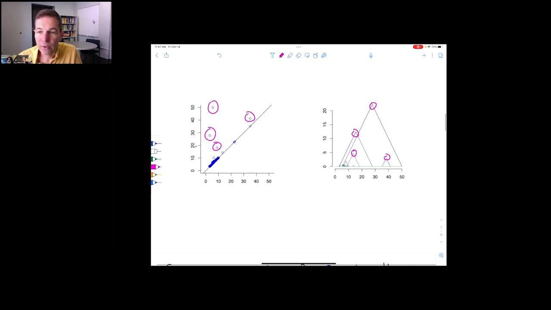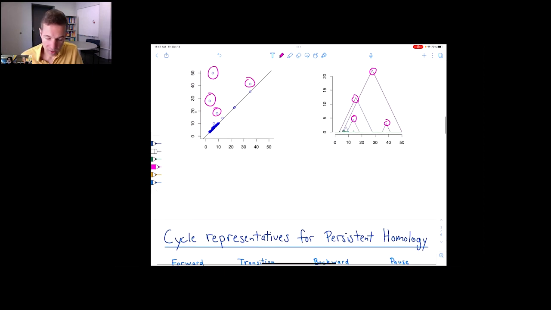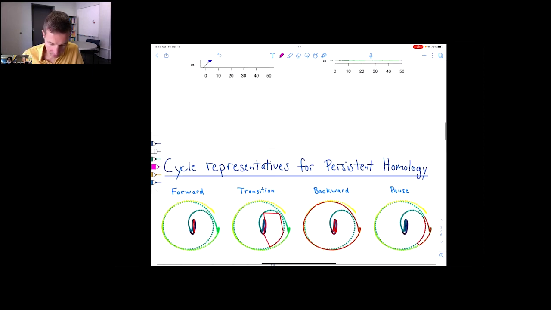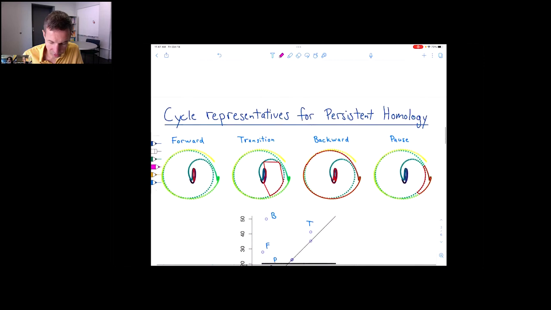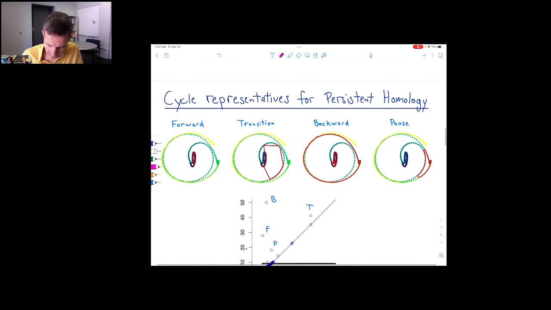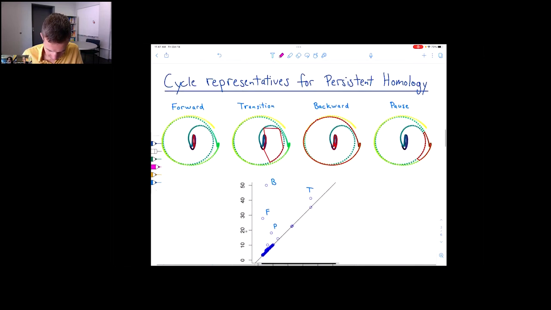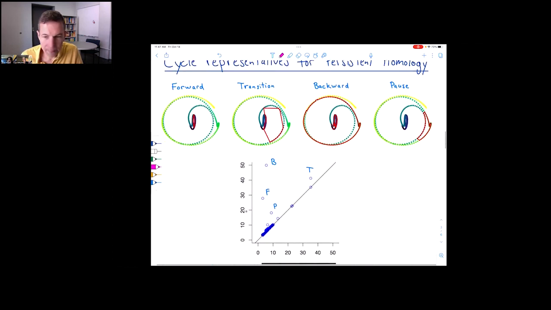Now, if we dig a little deeper, and we use our persistence algorithm not only to give us the persistence diagram but also representative cycles, we can look at what those representative cycles are. Of course, they're in this high dimensional point cloud, but let's project them down using our PCA projection.